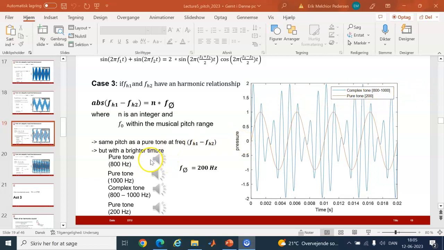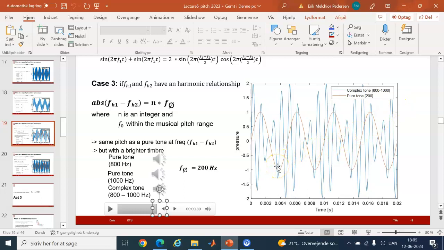We can just listen to this. It's 800 Hz, 1000 Hz, and the pure tone. Okay. Yes, we see the complex tone has a frequency.